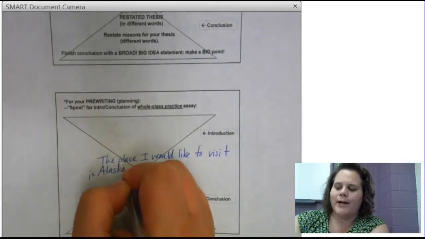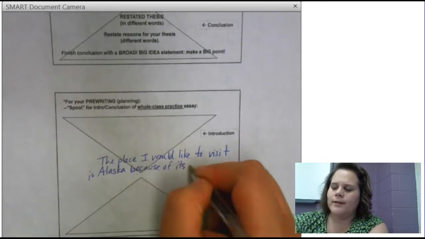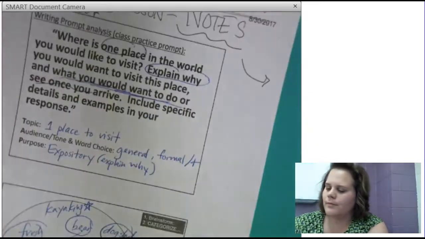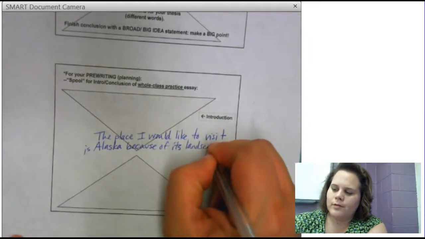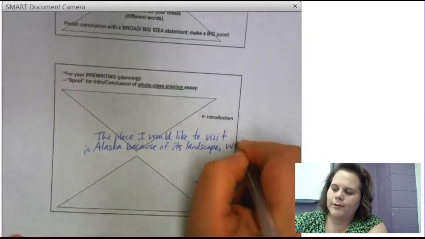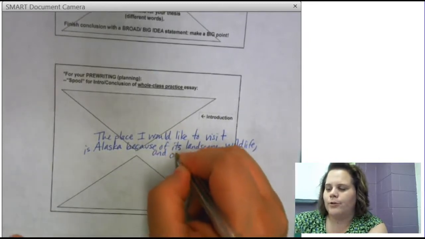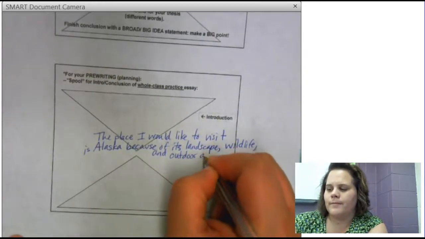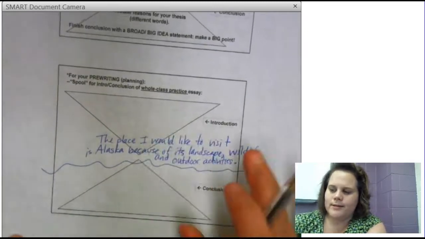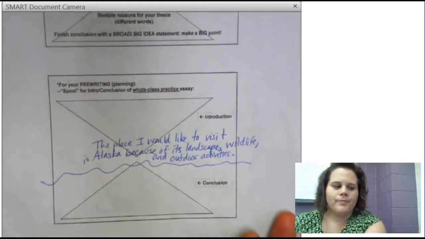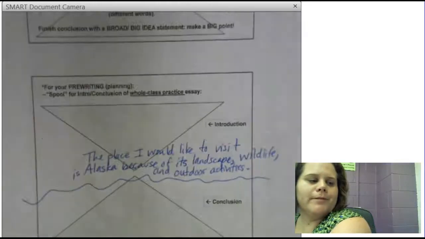Notice it does not have to fit in a box because of its, I think we said, landscape, comma, wildlife, comma, and outdoor activities. And I'm going to kind of draw a line like this is my intro. Excuse me while I zoom in.